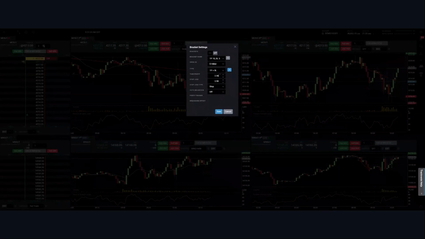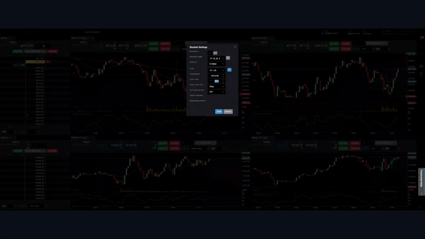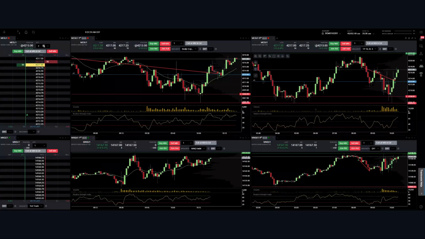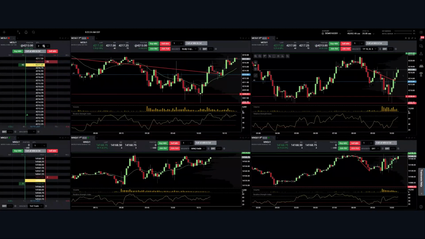So we're going to take profit at 42.25, and we're going to do 42.10 for stop loss. Okay, and let's make that on, and I'm going to save it. Okay. So it can't take effect until we actually put on the trade.